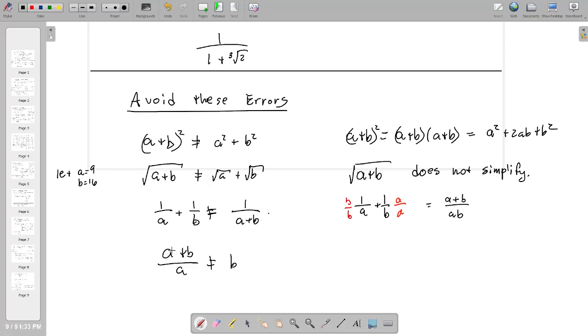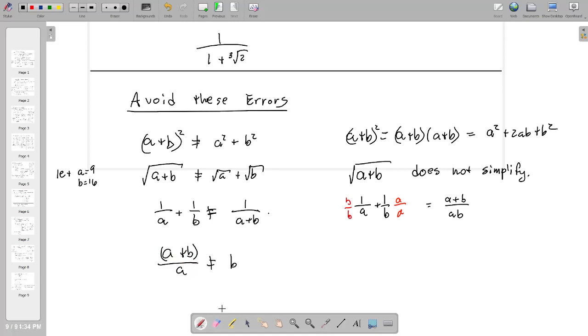We can't do this because, as I stated before, you have to think about the numerator and the denominator being in parentheses. Now, we have a plus b, so this sum needs to be resolved before we can divide by a. So if you plug in numbers, 3 plus 5, for instance, you would have 8 divided by 3. That's not the same thing as 3 divided by 3 plus 5.